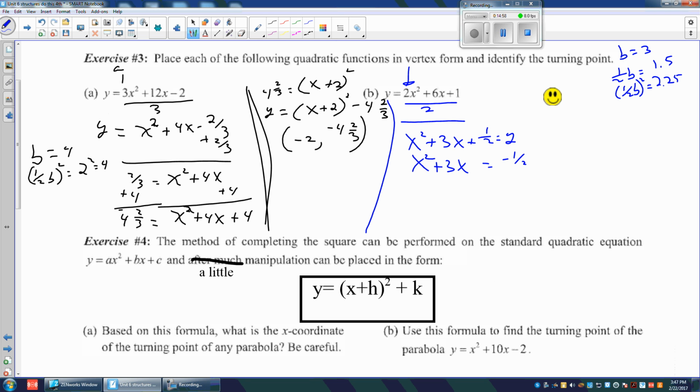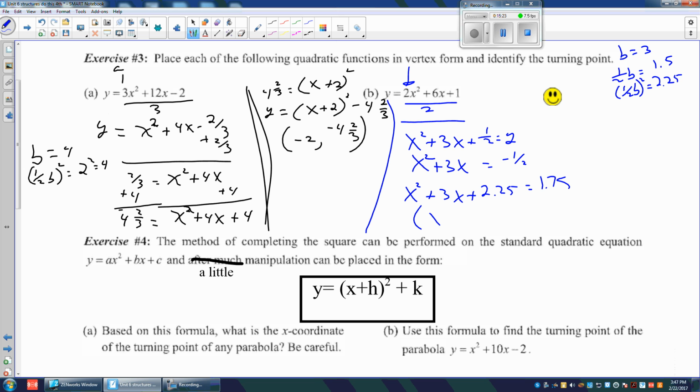This is called completing the square, vertex form. So I take the square and add it to both sides. When I add 2.25 to negative 1/2, I get positive 1.75.